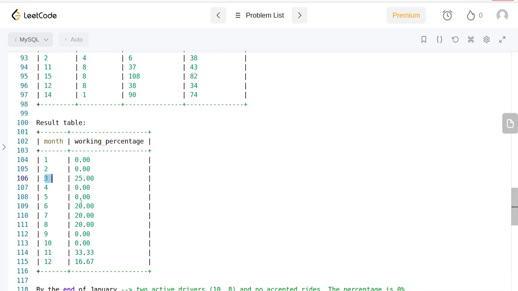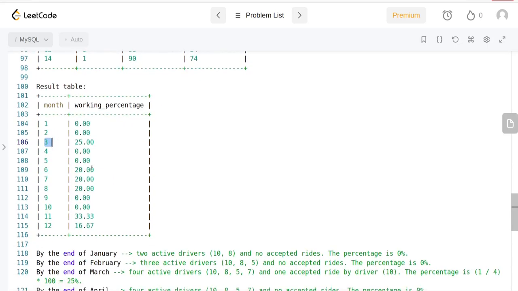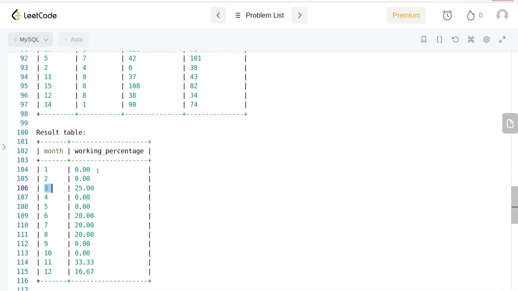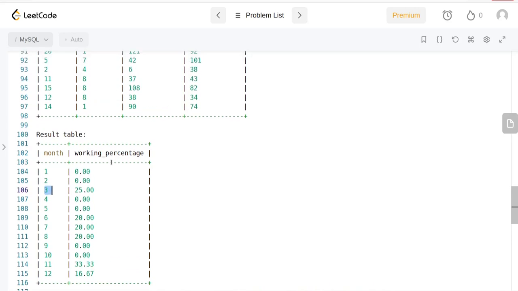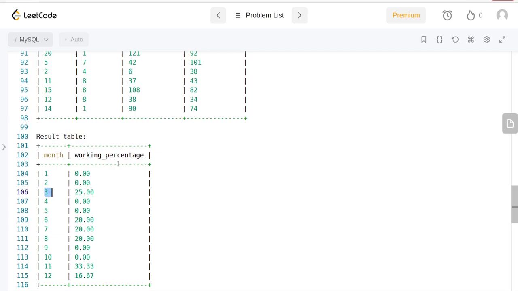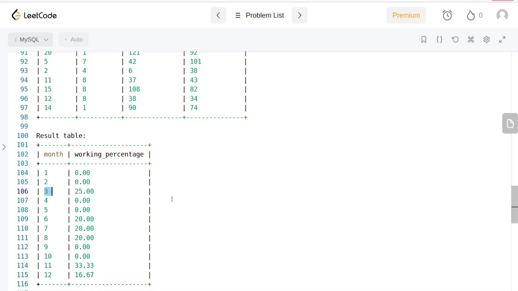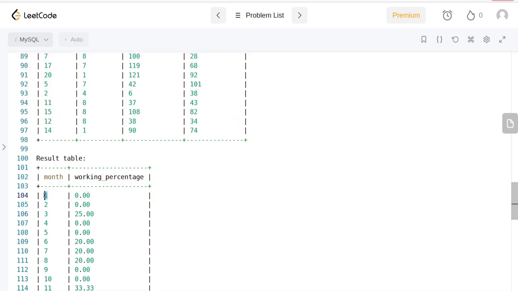We also returned the total number of accepted rides in that month and the total number of drivers registered to the company.